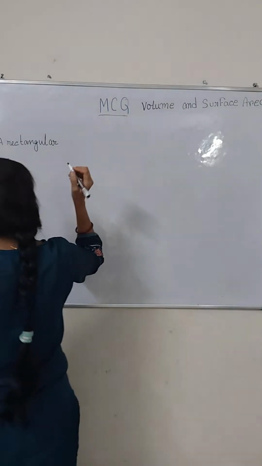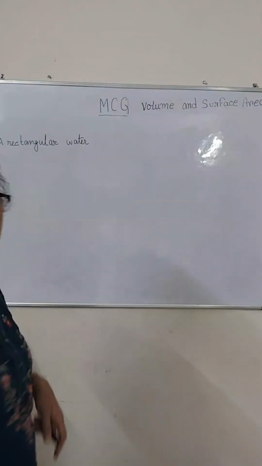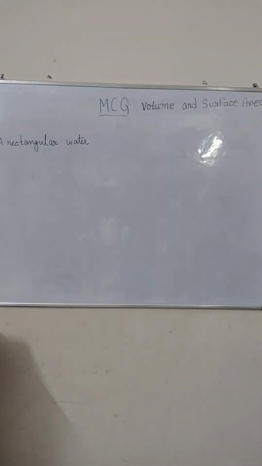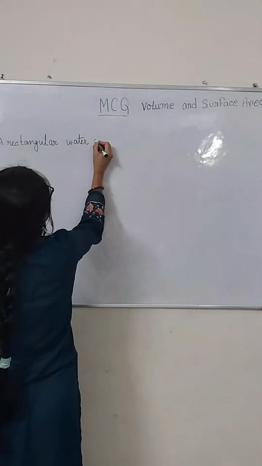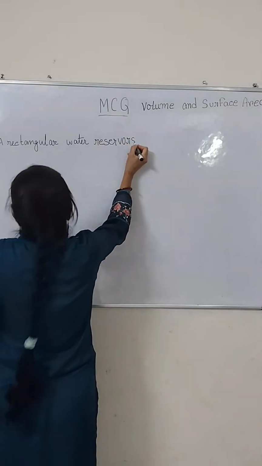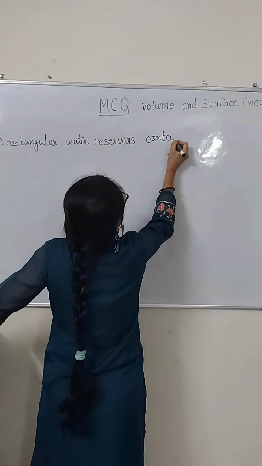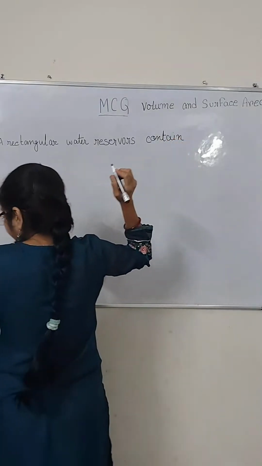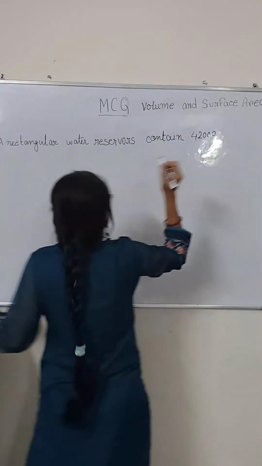A rectangular water reservoir contains 42,000 liters of water.